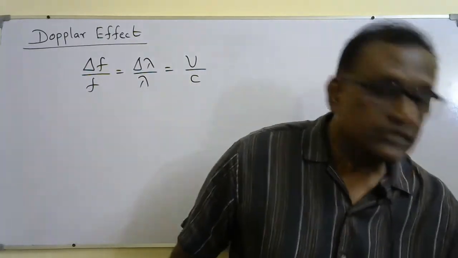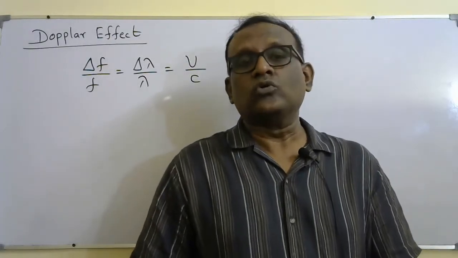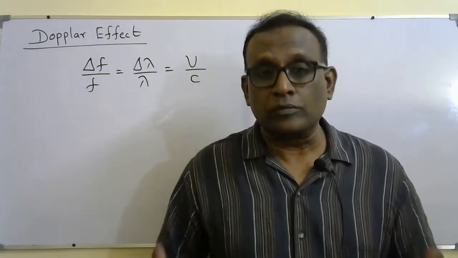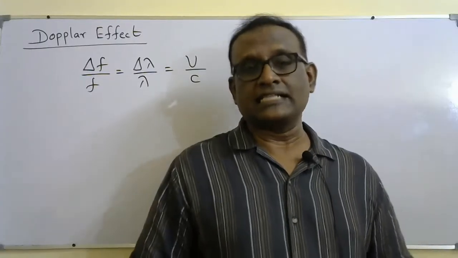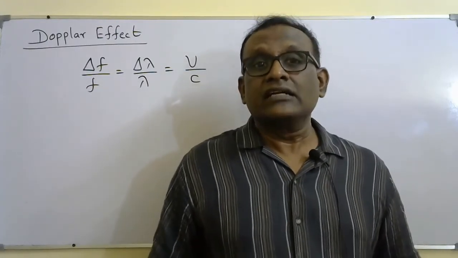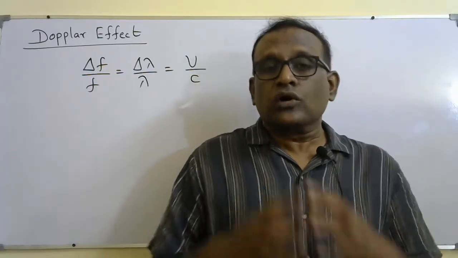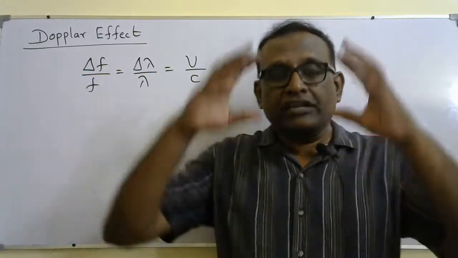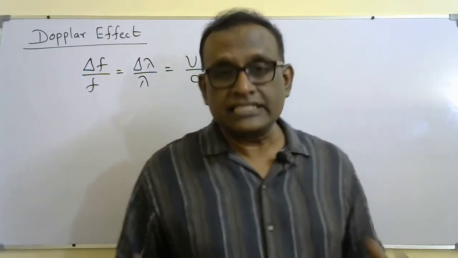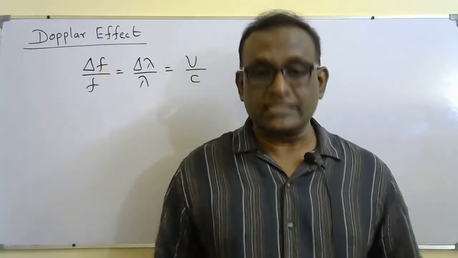All the galaxies have almost the same type of absorption spectrum. So you know what a galaxy is? A galaxy consists of several billions of stars. A group of stars is called a galaxy. So if we focus the telescope on different galaxies, their emission spectrum should be almost the same.